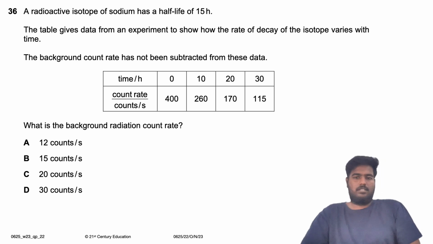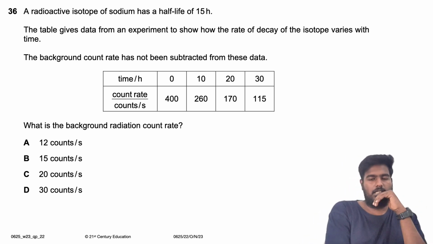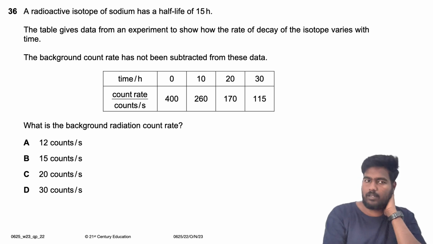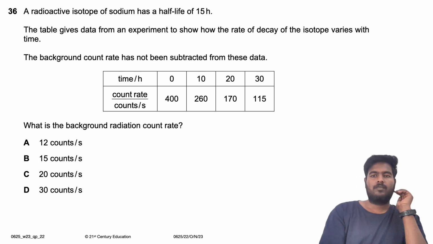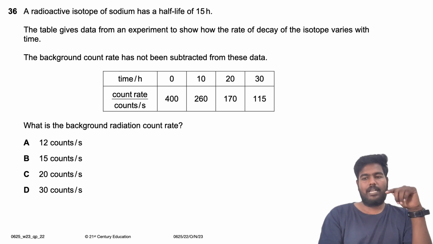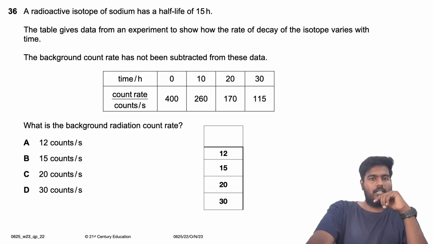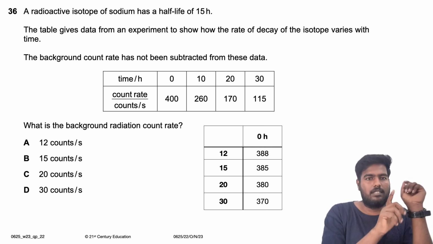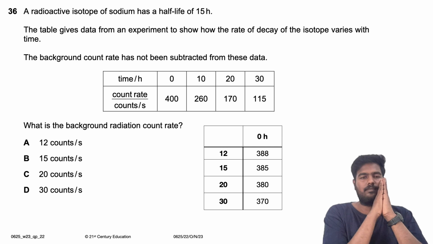Okay, so this is a little different question. Usually they'll count the background rate and ask for the values. How to do that: they have given a list of counts, and we know the value initially at 0 hours, and the half-life is 15 hours.